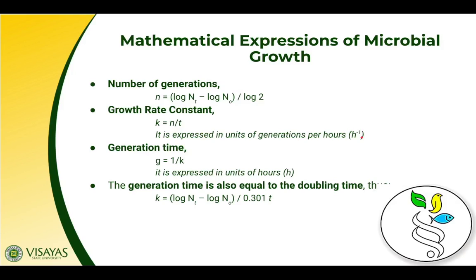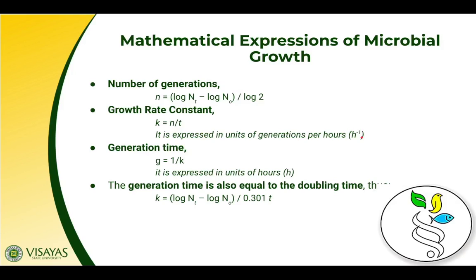Is that the generation time? Yes, that is the generation time. Every 20 minutes it will divide. And you inoculate a culture with exactly 1,000 bacterial cells, meaning the initial N0 is 1,000. After 3 hours, how many bacteria are present?